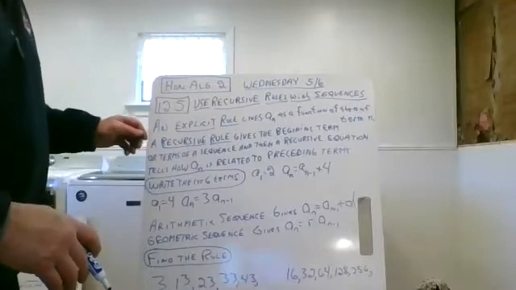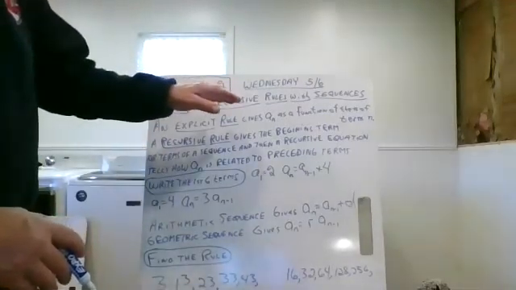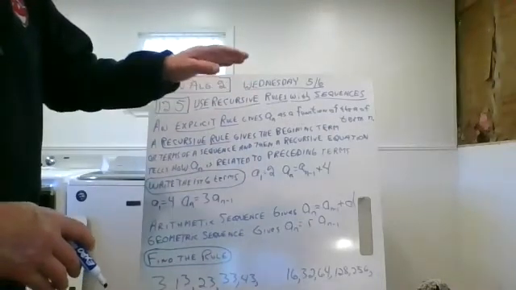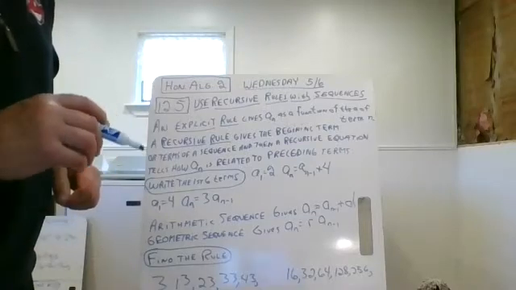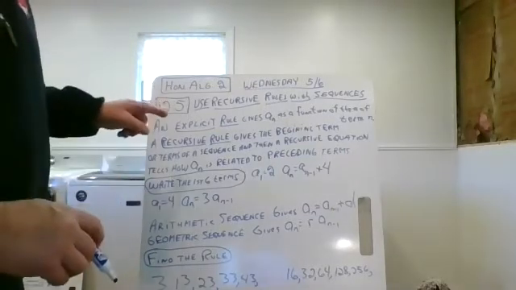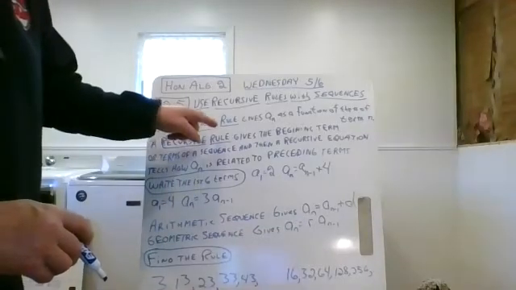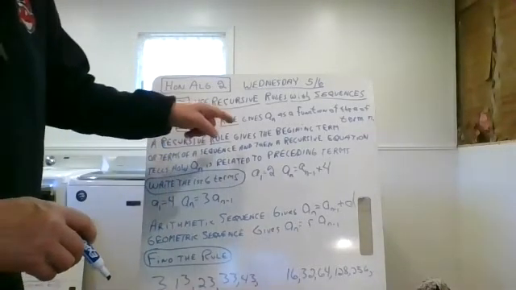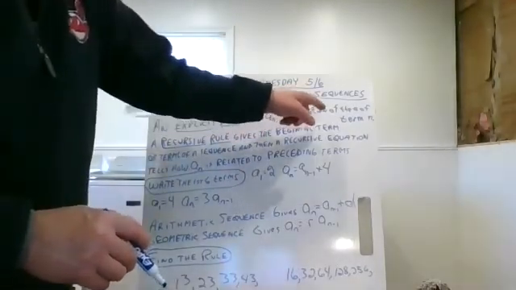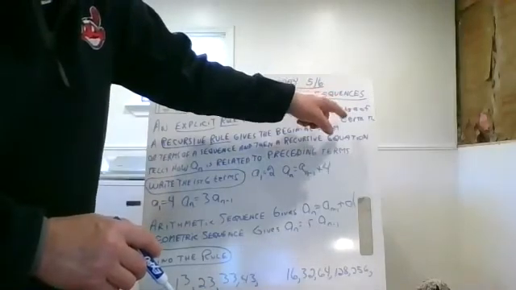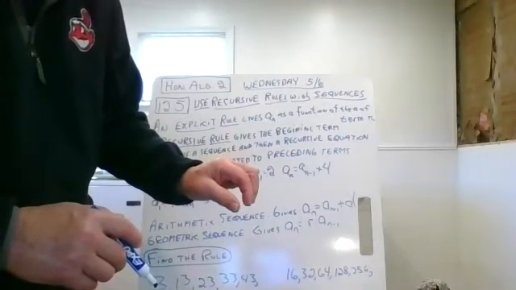Okay, so what we're doing here is called using recursive rules with sequences. What we have been using is called an explicit rule. It gives a sub n as a function of n, where n refers to the number of terms you're dealing with.